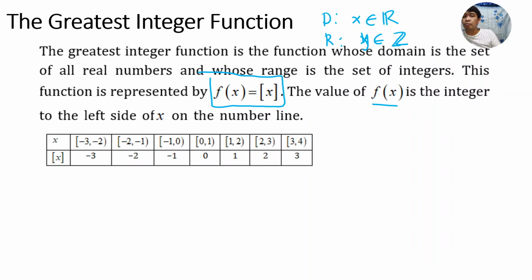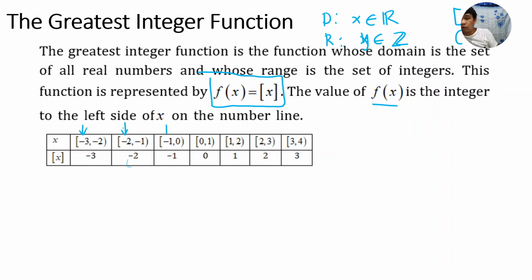So, kung titingnan natin itong table from negative 3 to negative 2, remember sa ating interval notation, kapag square bracket including, pagka parenthesis excluding. So, negative 3 to negative 2, that's excluding negative 2, the value is negative 3. Negative 2 to negative 1, the value is negative 2. So, you always look on the left side ng ating interval notation.